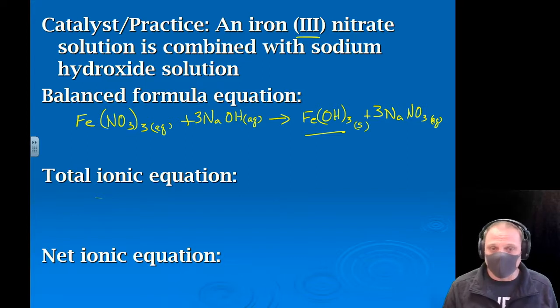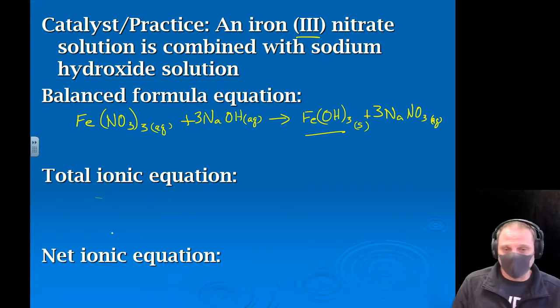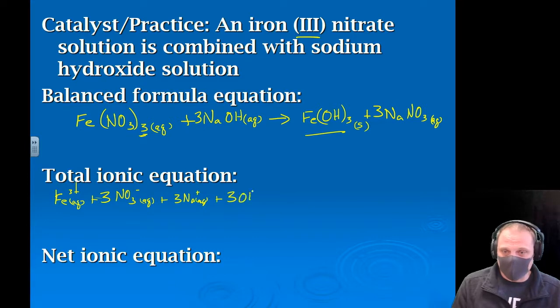Now I've got to do a total ionic equation. Got to break everything up. This is where you got to do the work, ladies and gents. It's a lot of work, but here you go. Fe 3 plus AQ plus 3 NO3 minus AQ plus 3 Na plus AQ plus 3 OH negative AQ.